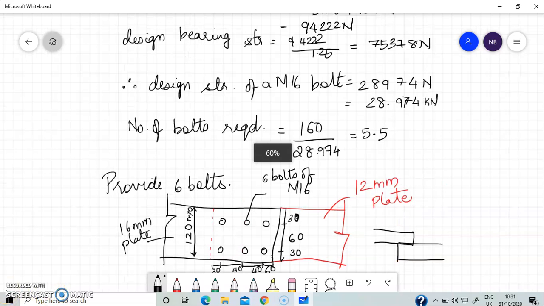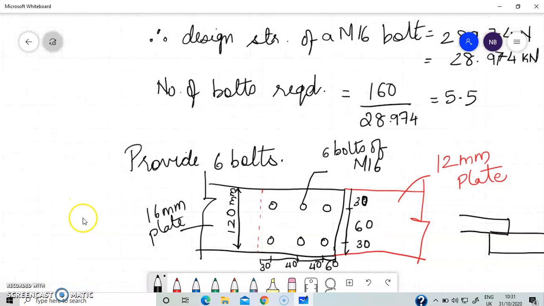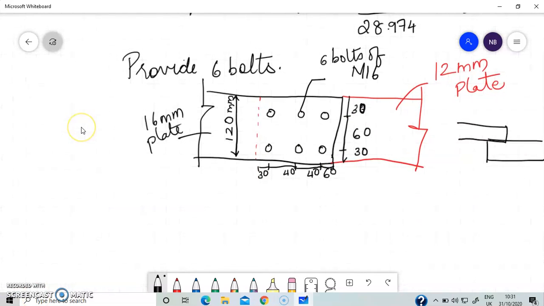This is the connection detail. We need to find out whether what we have calculated is right. So we are checking the strength of the plate.